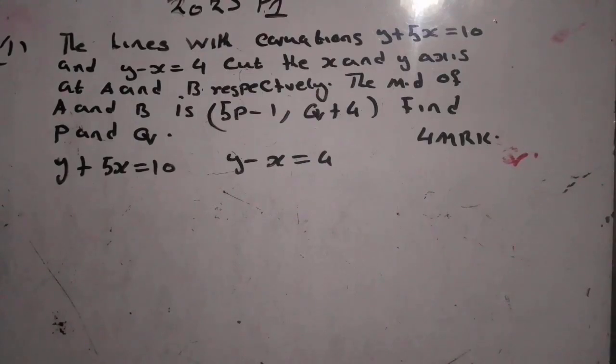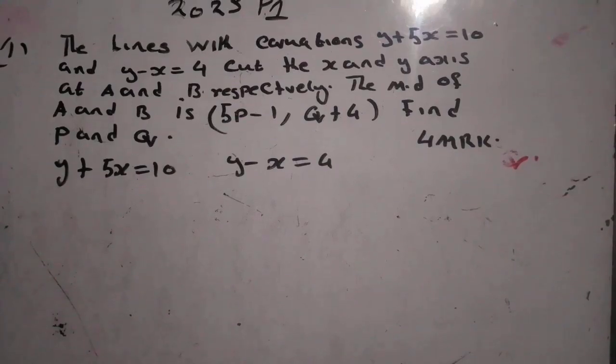The middle point of A and B is (5p minus 1, q plus 4). Find the values of p and q. So this is how the question was.